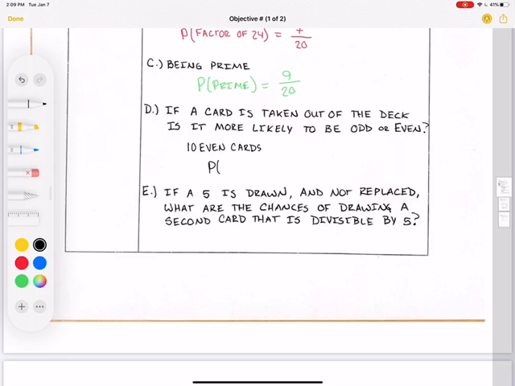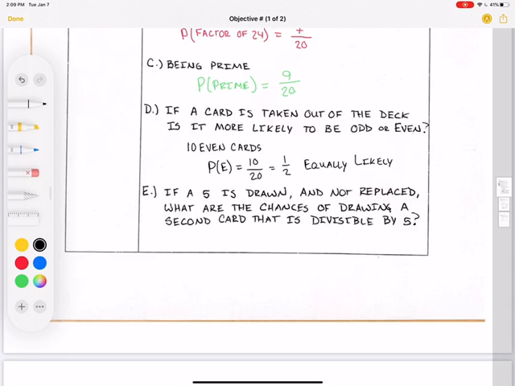The probability of them being even was 10 out of 20, which was equal to 1/2. So you're actually equally likely to be even or odd. There's no advantage.